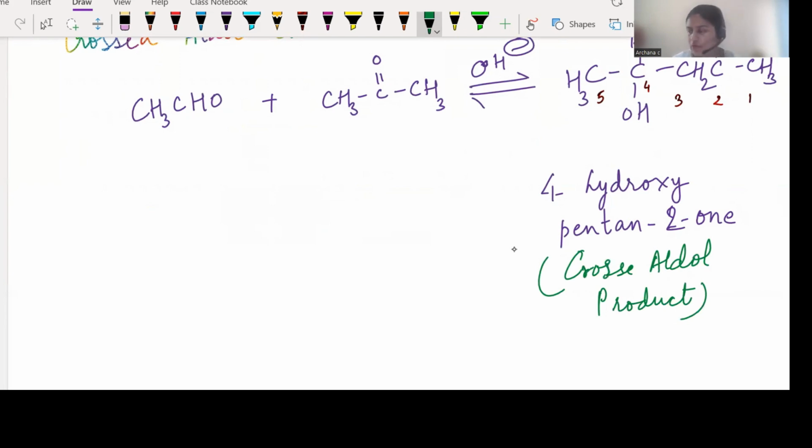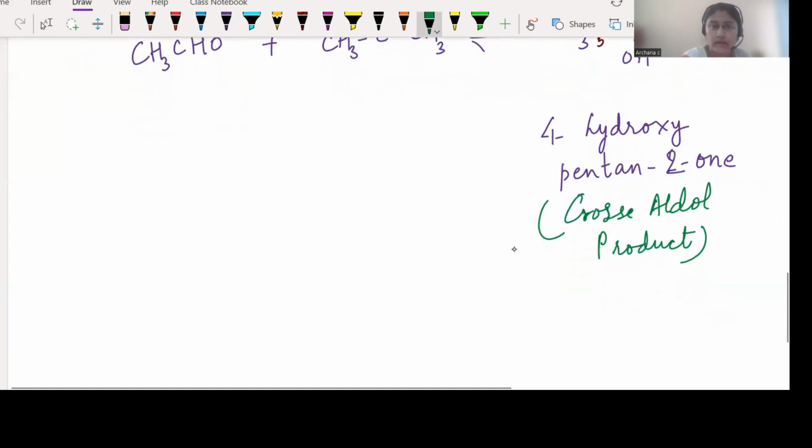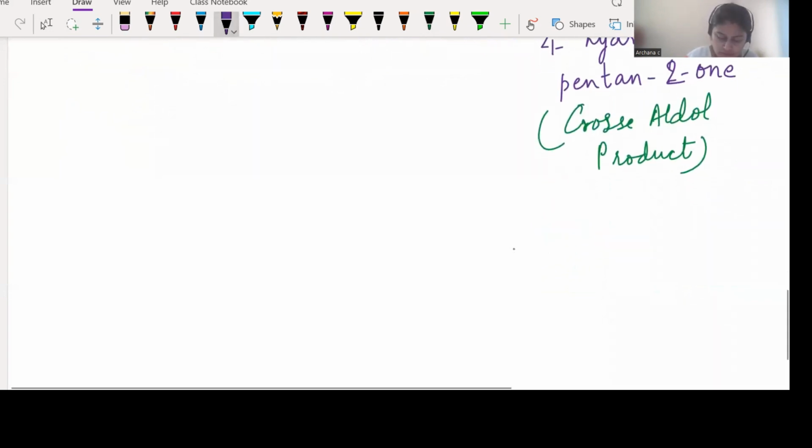Very good example of this. It is important in aldol condensation that at least one of the compounds have alpha hydrogen. For example, we can also take an example of benzaldehyde and ketone. In this case, I have this benzaldehyde and another one is ketone.